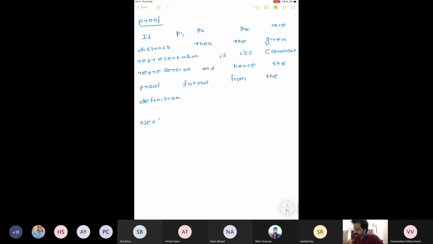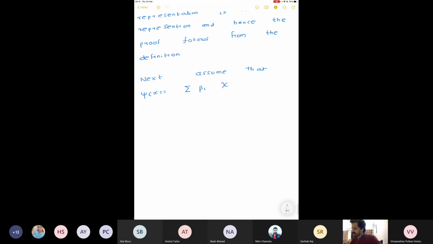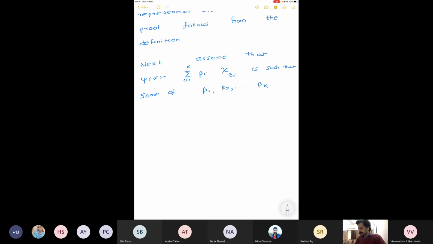Next assume that psi of x is equal to summation beta i chi b i. That was the given expression. It is such that one or the other of beta 1, beta 2, etc., beta k are repeated.